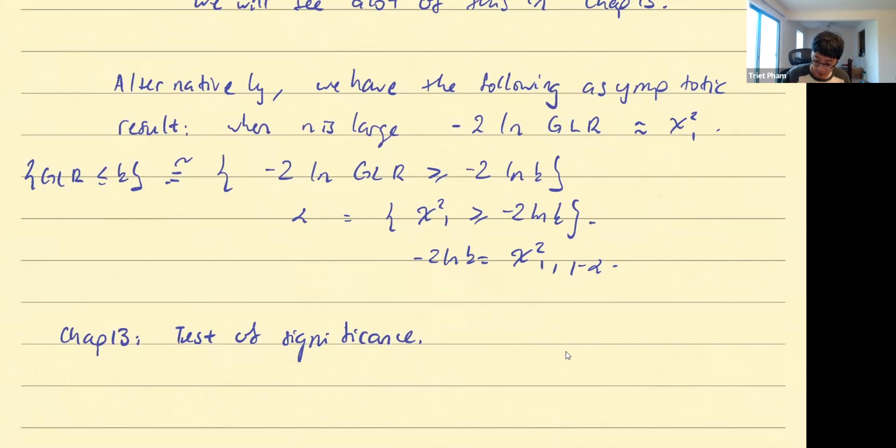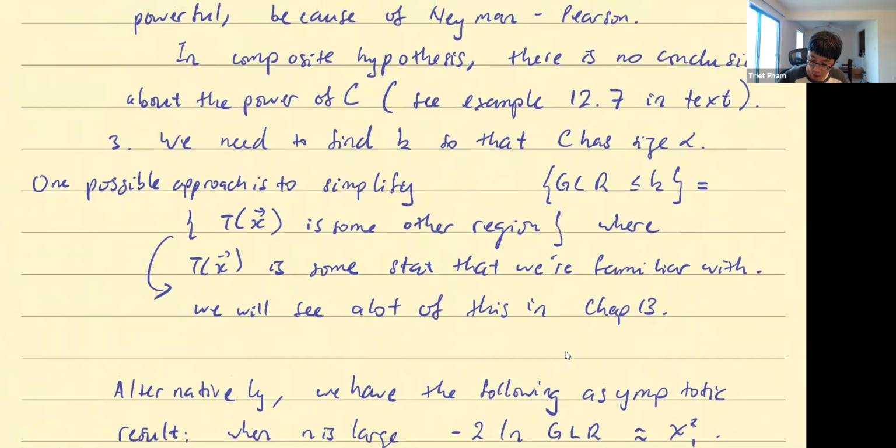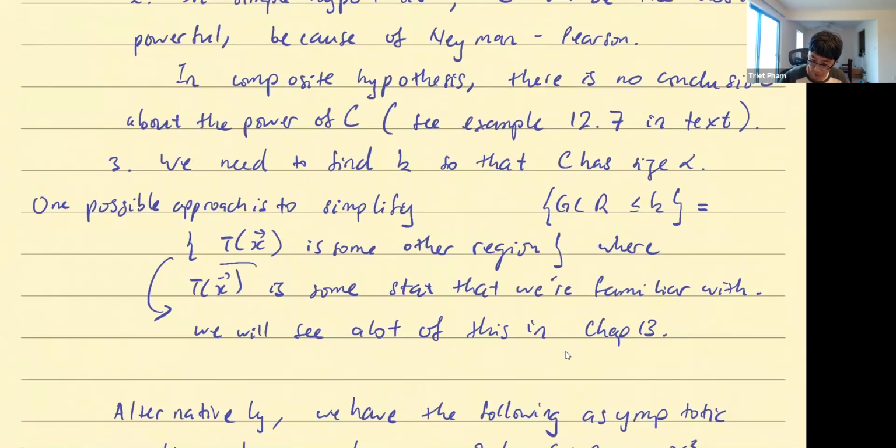But anyway, let's not look ahead of ourselves yet. What is chapter 13 and what do I want to do here? Chapter 13 has the following main points that I will very quickly go over. The main point is to show you that in a lot of standard tests, what the test statistic is and what the rejection region is.